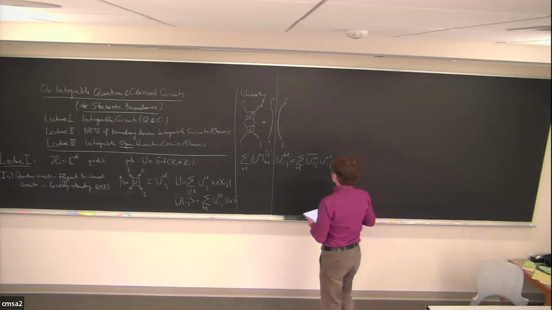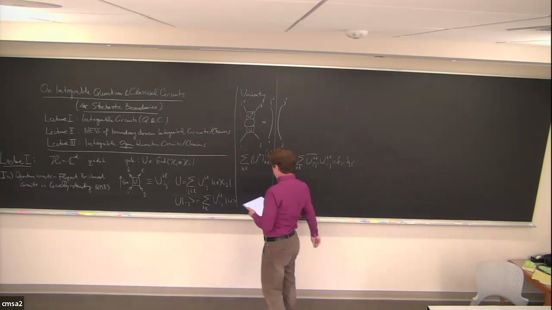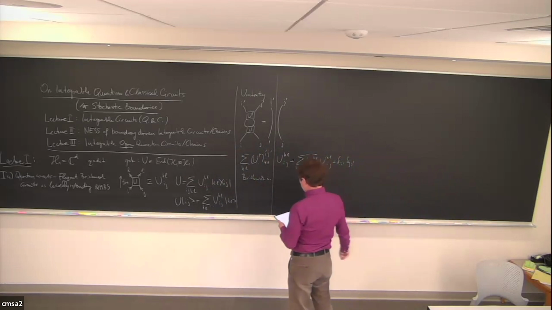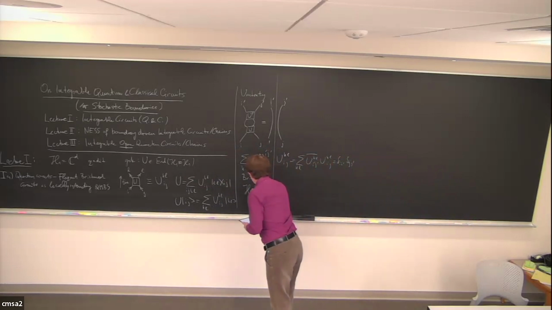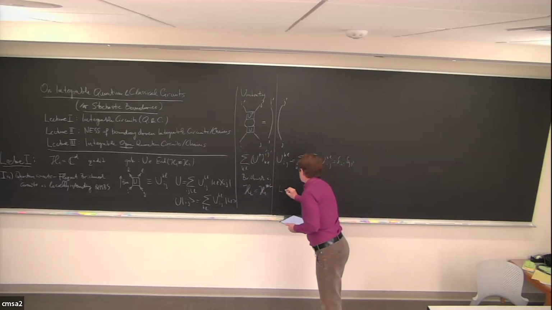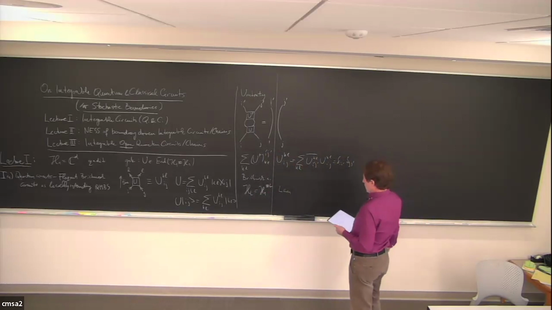Okay, so now what is a brickwork circuit? Brickwork circuit is generated by an array of such gates, right? So now we define a Hilbert space, which is a tensor product of L copies of the local Hilbert space, where L is even for convenience. It doesn't have to be, but it's much nicer if you take L even and take periodic boundary conditions.